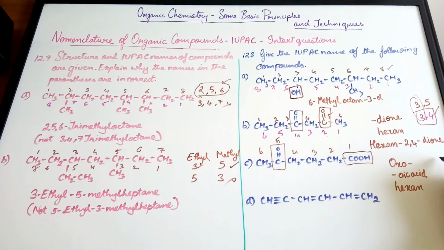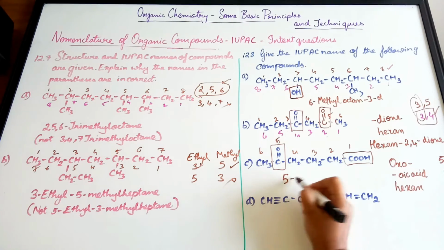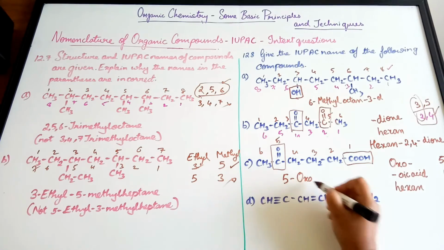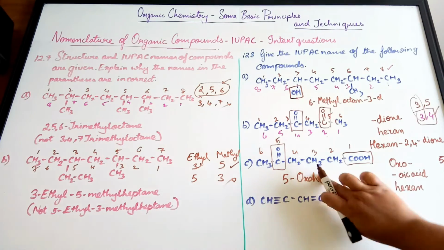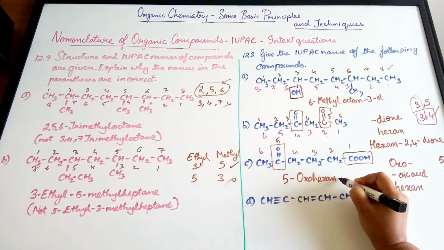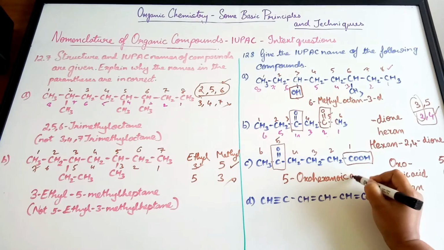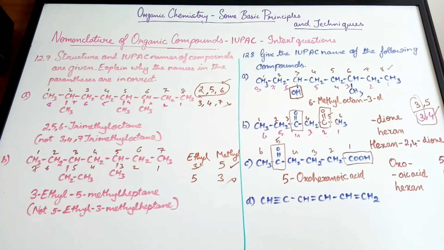So oxo is at position 5 and the acid is at position 1. So the name of the compound is 5-oxo, that's the ketone's position, hexanoic acid. Since the acid is at position 1, you need not number it separately.